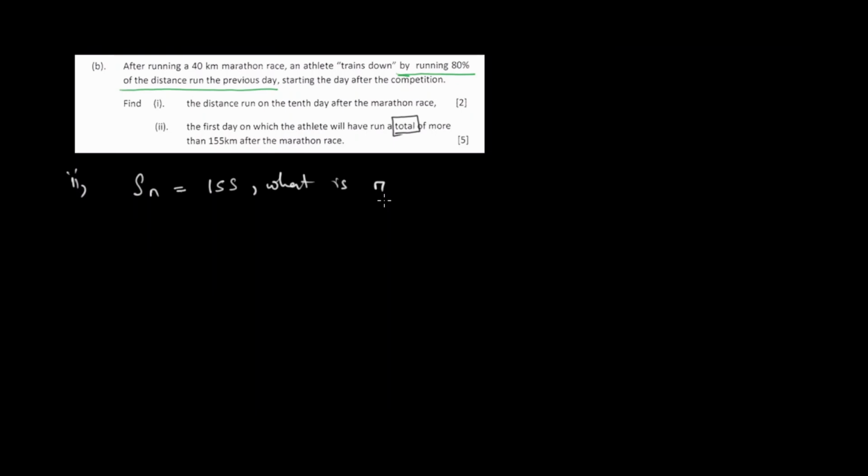Saka 32 plus 25.6 plus tikuda kuziva kuti achakwanisa 155 kilometers in total rini after how many days. So that statement iri kutaura kuti if the sum of n terms is 155, what is going to be the value of n? Are we together there?